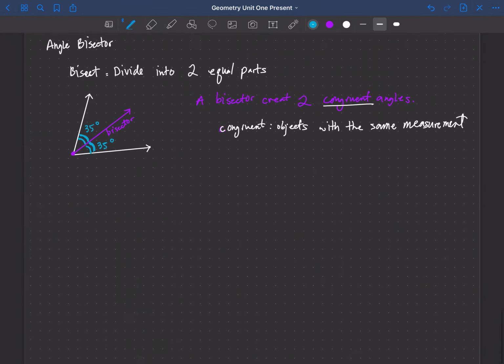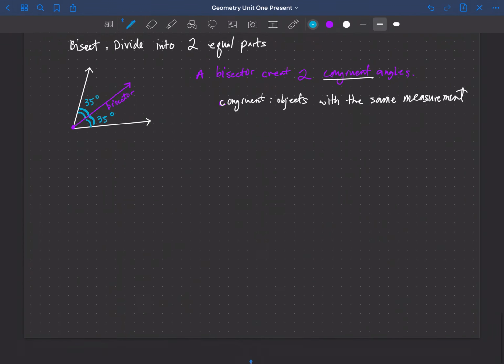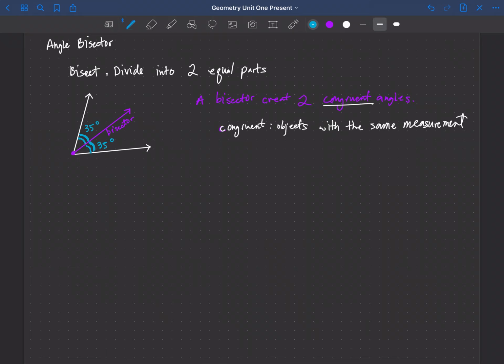Okay, let's go through a couple examples of bisectors. Okay, let's see that. So we have something that looks like that, and I'm going to go ahead and label them for you.